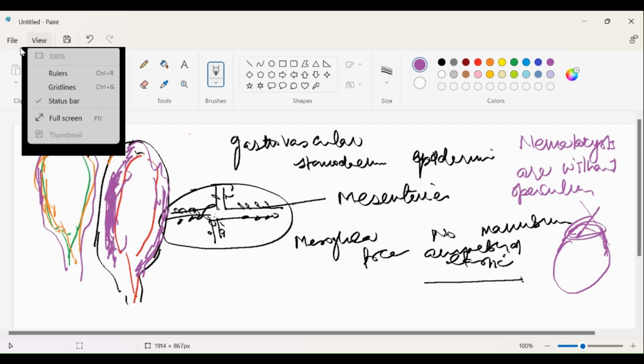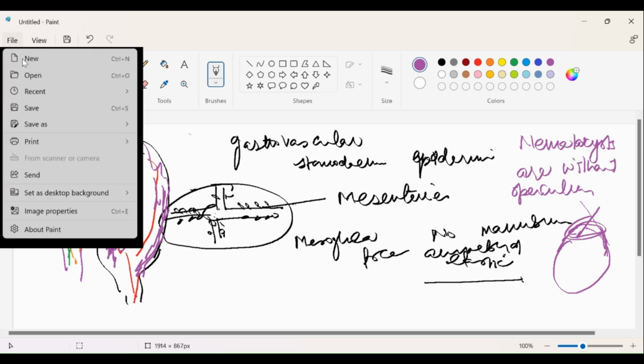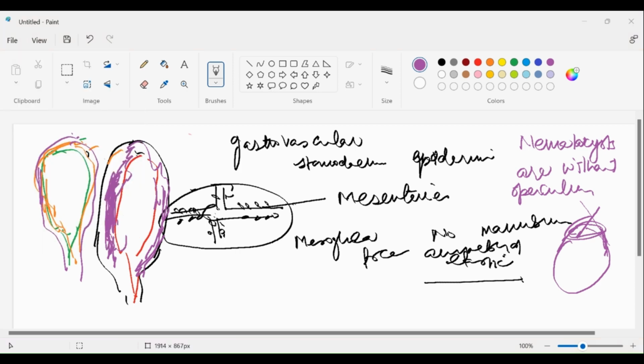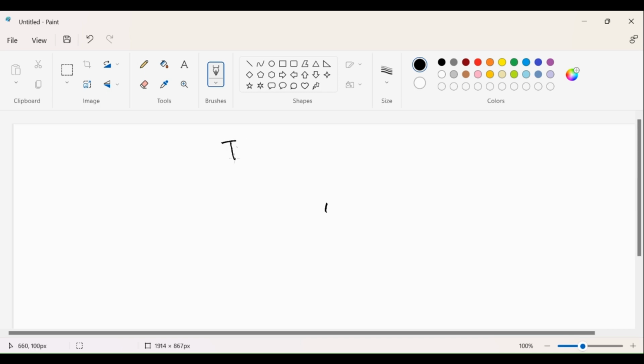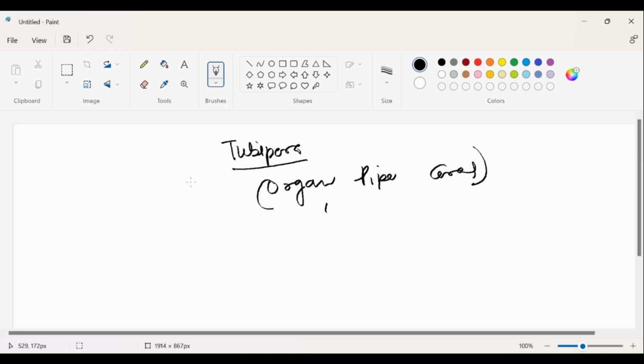There are many very interesting examples. One example is Tubipora. The common name for Tubipora is the organ pipe coral. Very interesting names these coelenterates have, particularly anthozoans. I'll just draw how this looks.